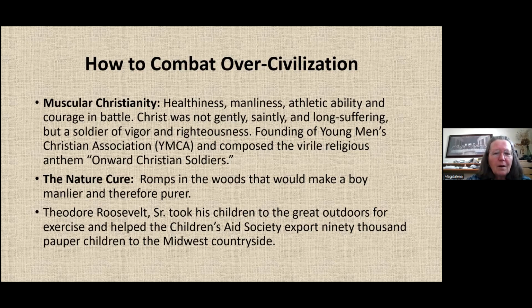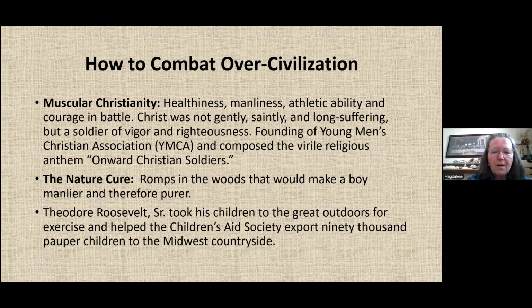There was also the nature cure to combat over-civilization, romps in the woods that will make a boy manlier and therefore purer, okay? And this cure was later on vigorously followed by the Wandervogel movement in Europe in the 1920s, and then picked up by the Nazis and implemented through their Hitler Youth program, which took place a lot out in nature.